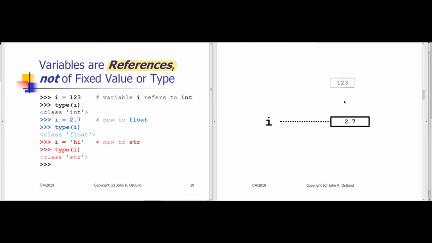Then when I say I gets "hi", space is set up in memory for that string "hi", and I is modified to refer to that string. 2.7 now, unless there's some other variable referring to that value, has no references and so can be reclaimed from memory.